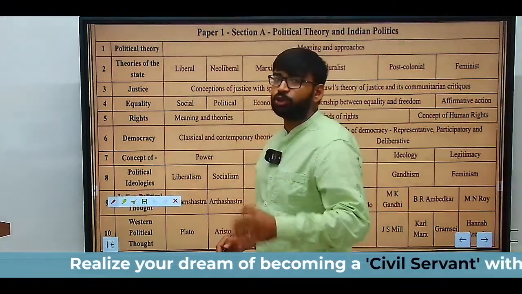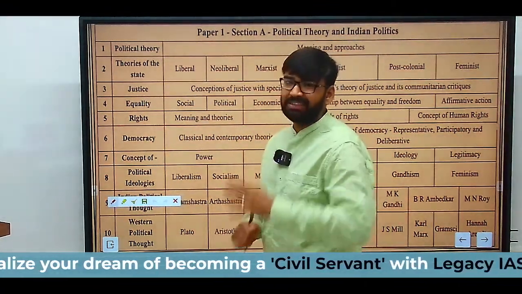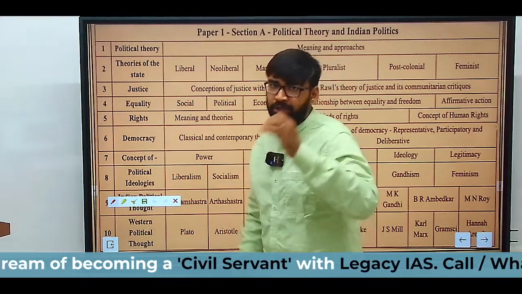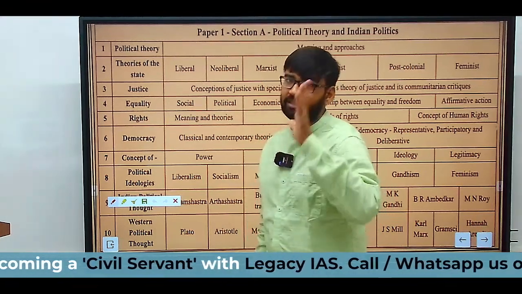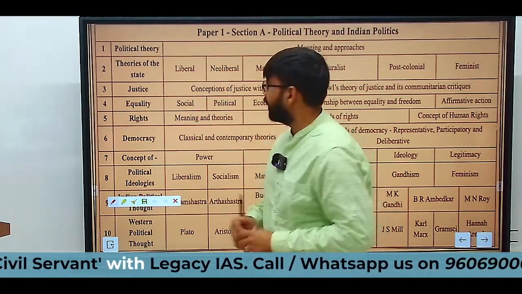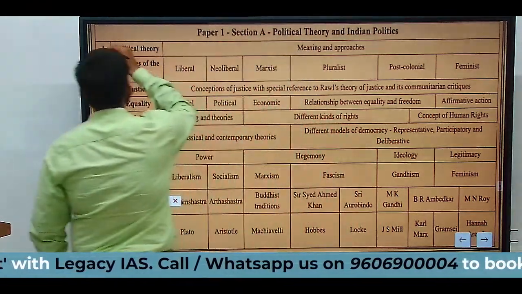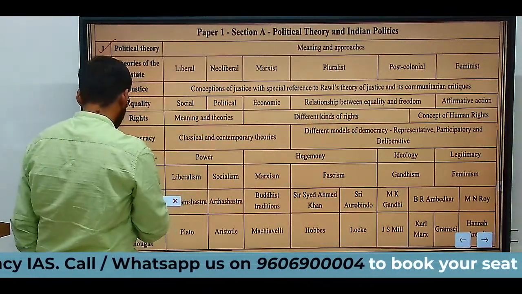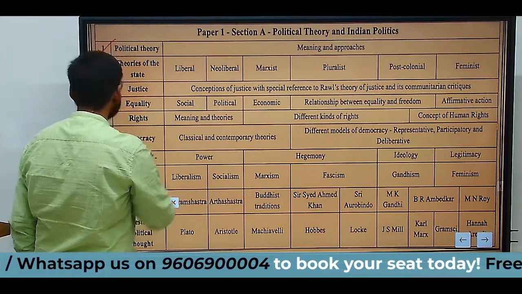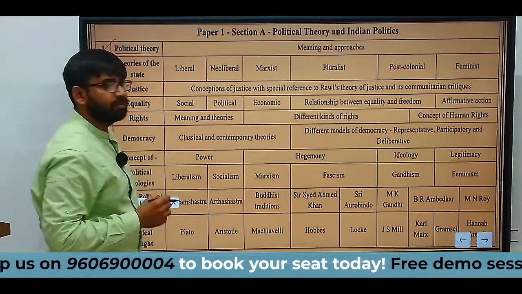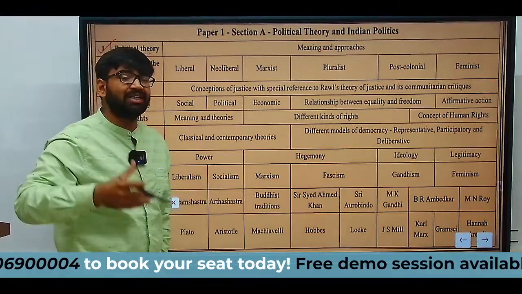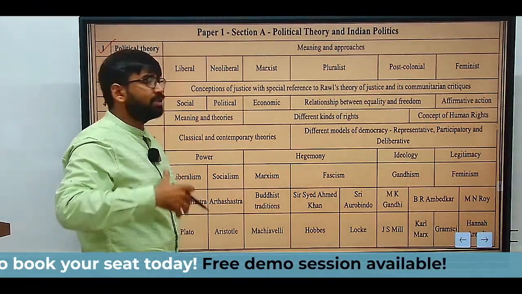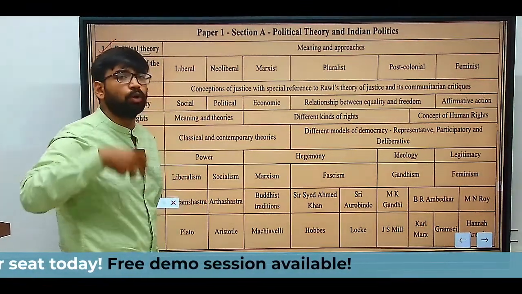There are a total of 10 topics, 10 chapters in your section A of PSIR paper 1. The first chapter is political theory. What do you understand by theory? What does it mean? What are the approaches?